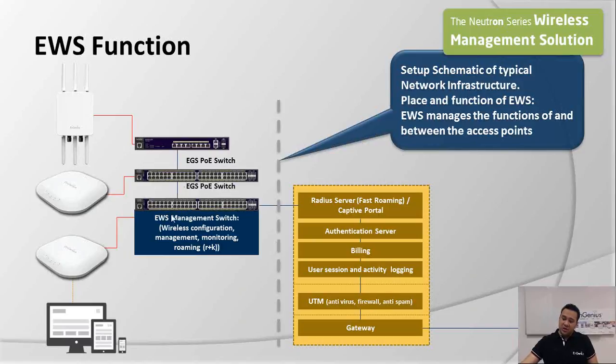EWS switch one in one deployment, where we can have a few PoE switches additionally, to roll out the whole network, because you have to power up all the access points with PoE and connect them to the EWS for the management function.